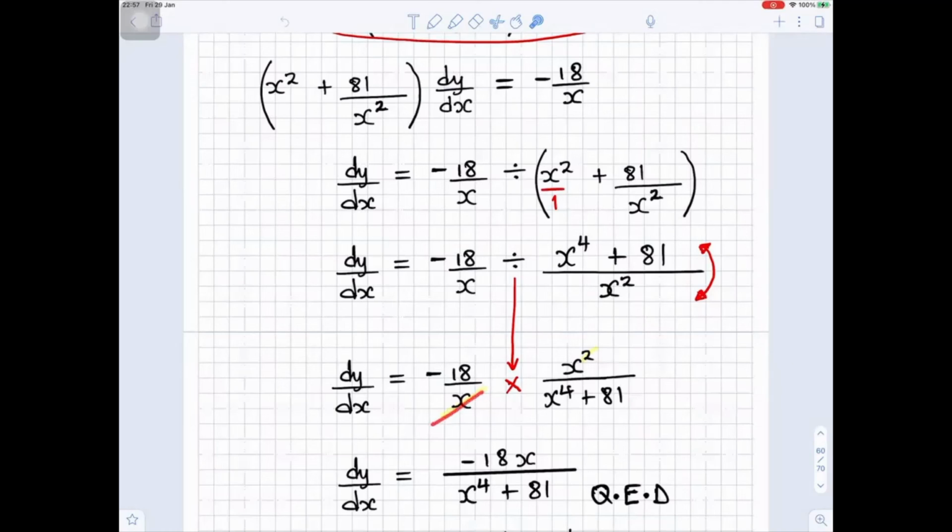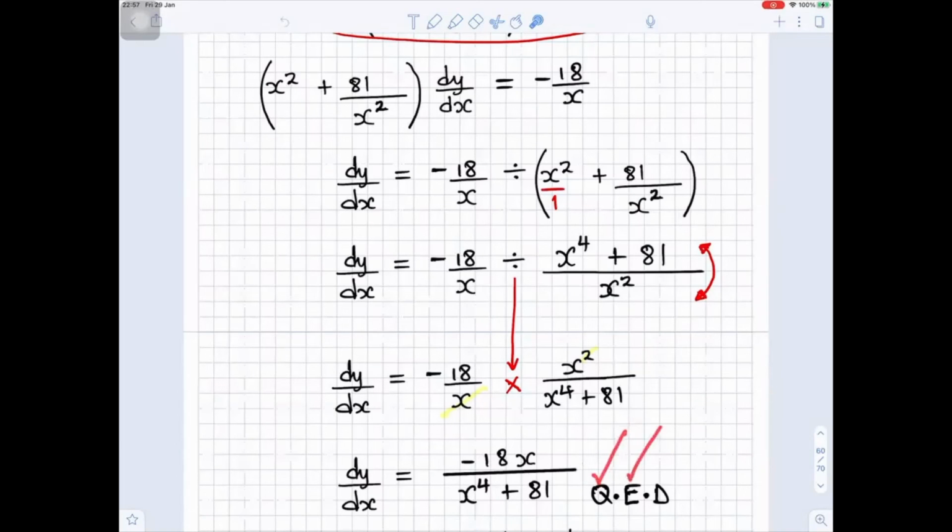One of the x at the bottom would cancel with one of the x at the top. So you're left with one x at the top. So minus 18 times that one x will give you minus 18x. And then you're left with x to the 4 plus 81. So your dy over dx is equal to minus 18x over x to the power 4 plus 81.